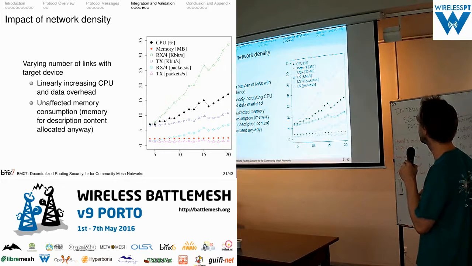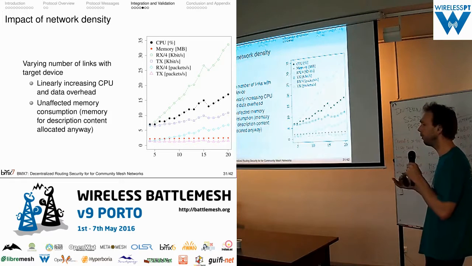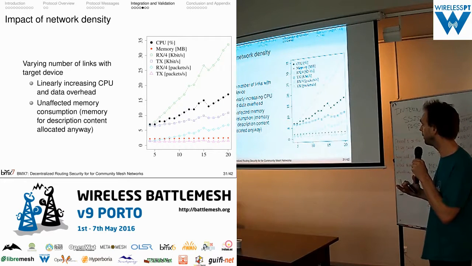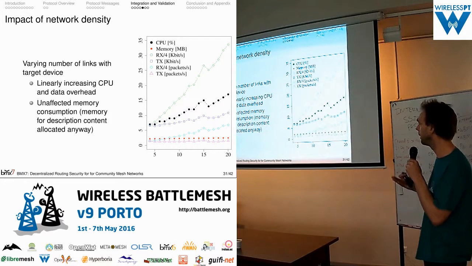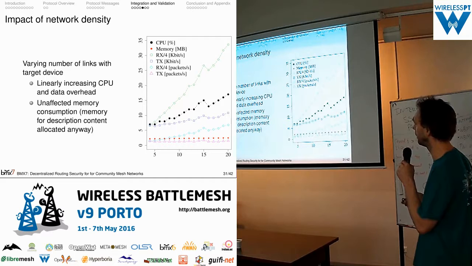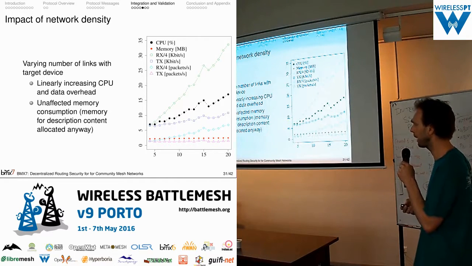You can see that memory is essentially not affected by the increasing number of links, which makes sense. The node description, which consumes most of the memory, is known anyway. The only thing that has to be maintained in addition to having an additional link is the state of the link itself and the packet loss and so on.